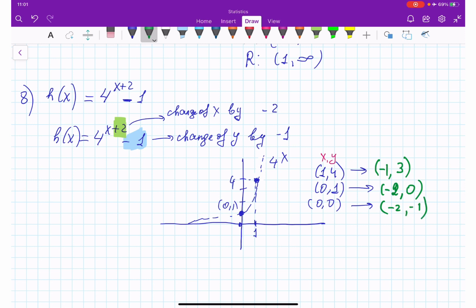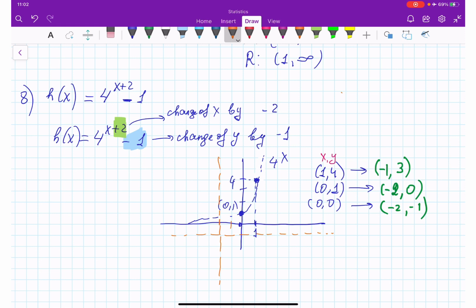So my new coordinates are going to move. The 0, 0 on this line is going to become -2 and -1. So moving right here, -2 and -1 is going to become my new x and y.